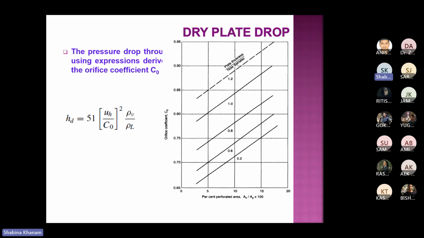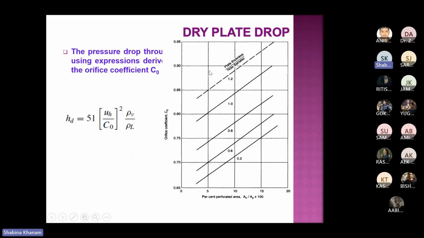Okay, so therefore it is AH by AP, and I'm having different lines, and all these lines show the plate thickness by hole diameter, as you can see over here. Plate thickness we have seen how to decide, 3 mm, 5 mm, like that we need to consider. Hole diameter you have already decided, it varies from 2.5 to 12 mm, but 5 mm is the recommended value to start with.